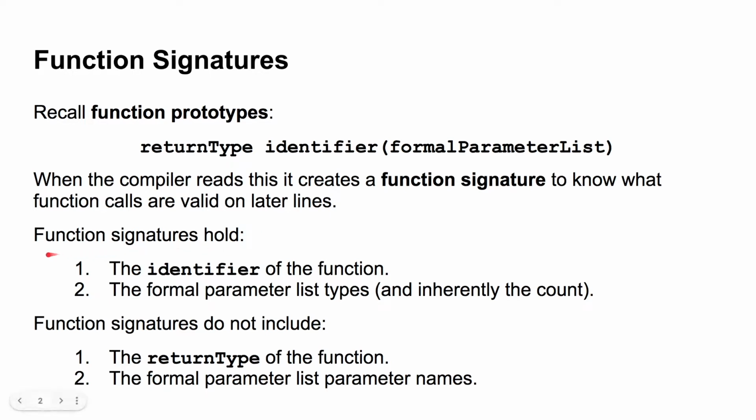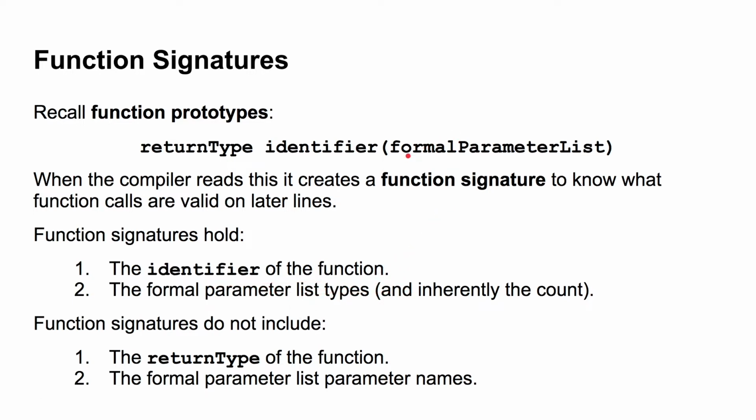Well, a function signature is something that holds a little bit of information about a function. It holds the identifier of the function, so whatever you are calling your function, whatever you're naming it, and it holds the formal parameter list types, and inherently it holds the count because it holds the types. It holds a list of the types.